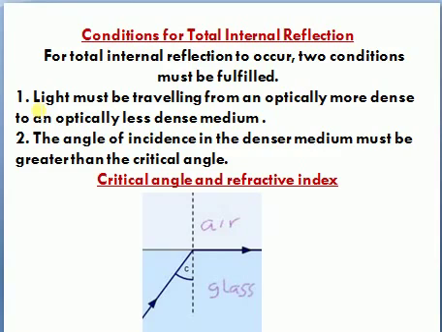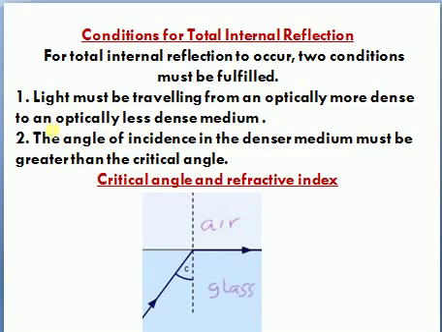Air. Now, the second condition, the angle of incidence in the denser medium must be greater than the critical angle. So before we have total internal reflection, our angle of incidence must exceed the critical what? Angle.